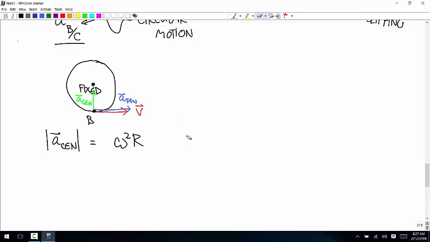And so what's the centripetal acceleration as a vector? This is the centripetal, so it's the one going up, so it's 0, omega squared r.